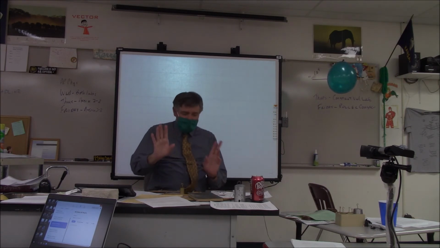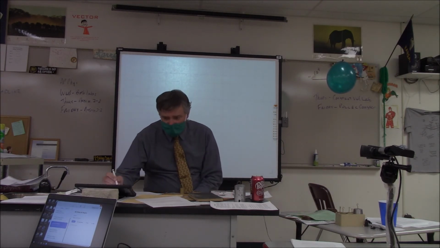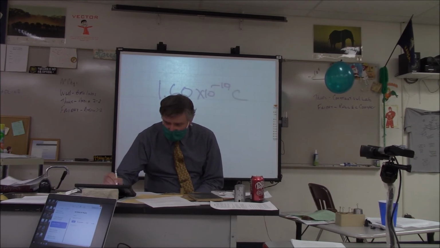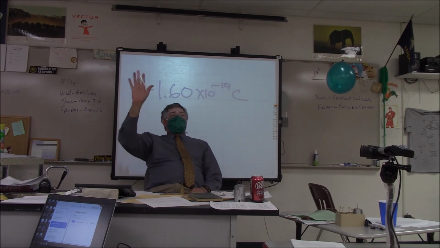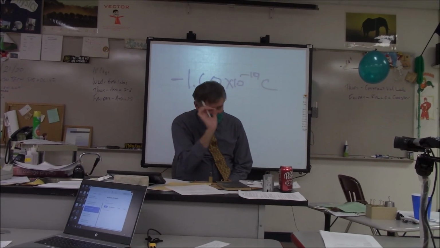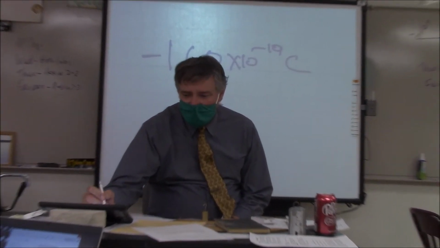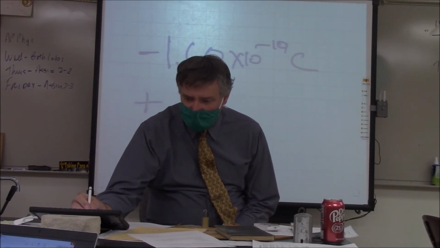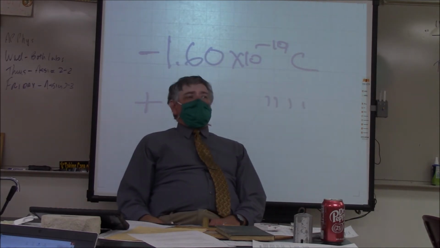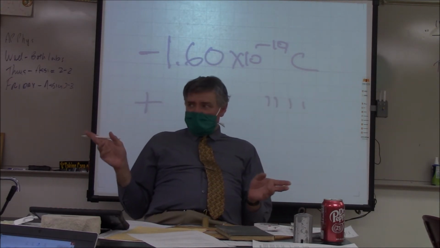Later on you'll just learn this number. But every electron has 1.60 times 10 to the negative 19 coulombs of negative charge, and it's this tiny, tiny bit of matter. Then every proton in the universe that we've ever studied has that opposite amount of charge.